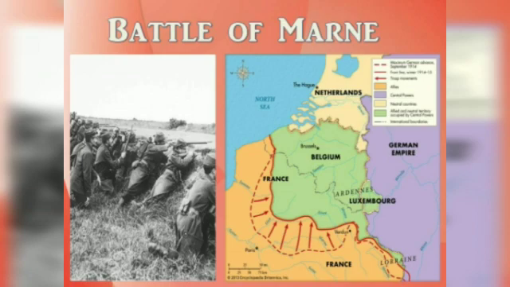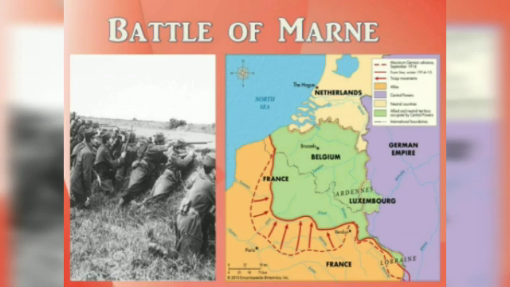Battle of Marne. First stage of the war movement, Western Front. The Battle of Marne was a turning point of the First World War. By the end of August 1914, the whole Allied army on the Western Front had been forced into a general retreat back towards Paris. Meanwhile, the two main German armies continued through France.